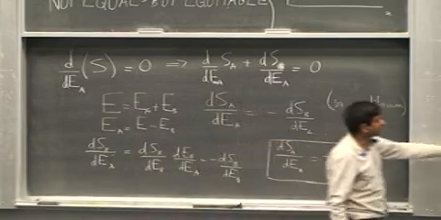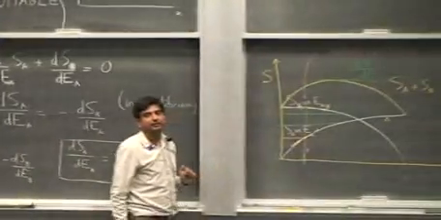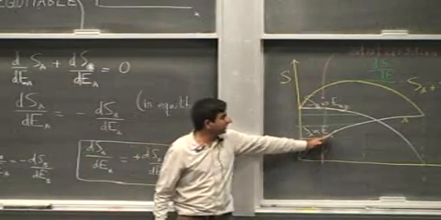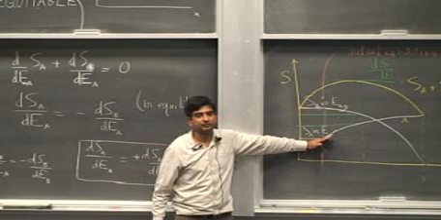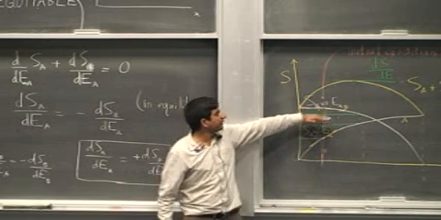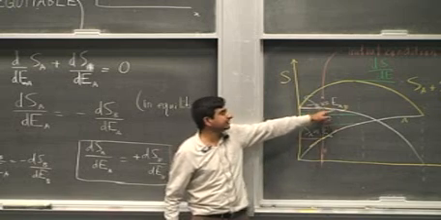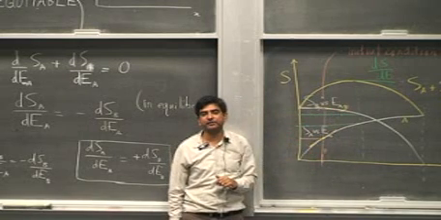Now if you look at this graph, the question I would like to ask is, the slope here is positive. The slope here is negative. But if you look at the dSB versus dEB slope, is it positive or negative?